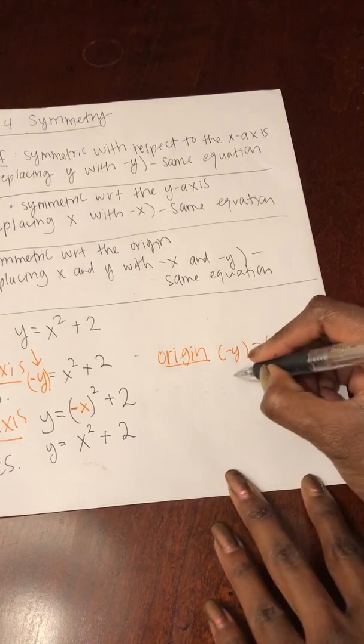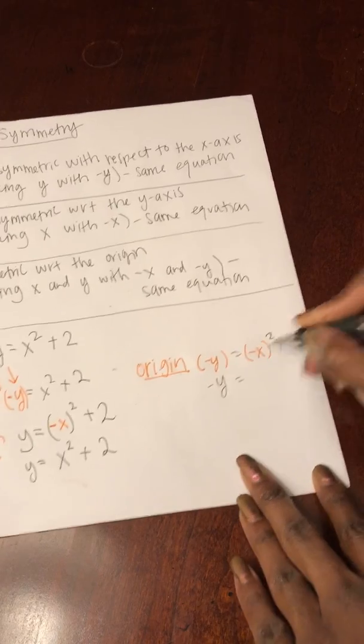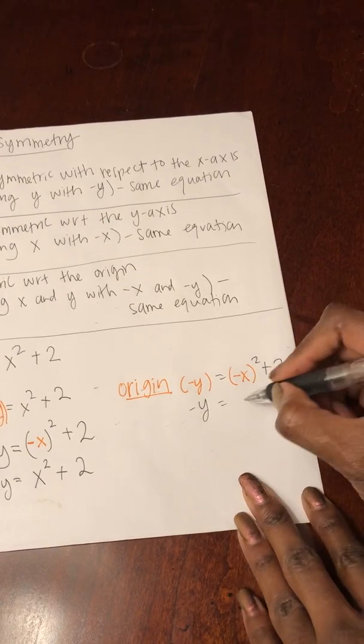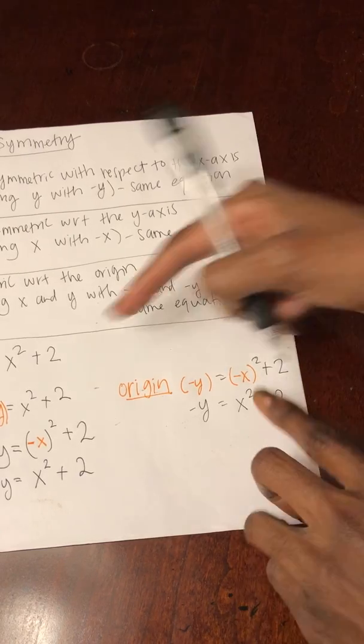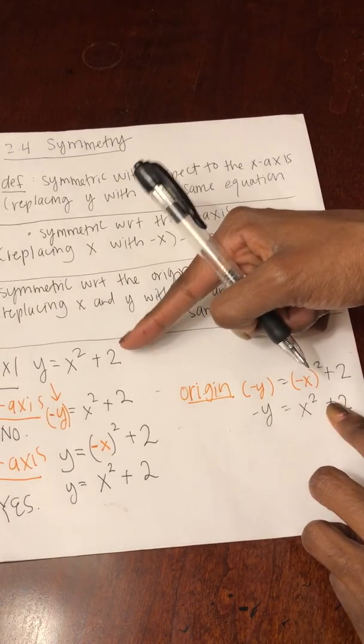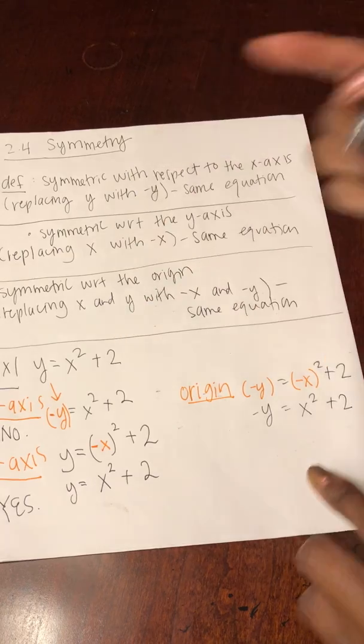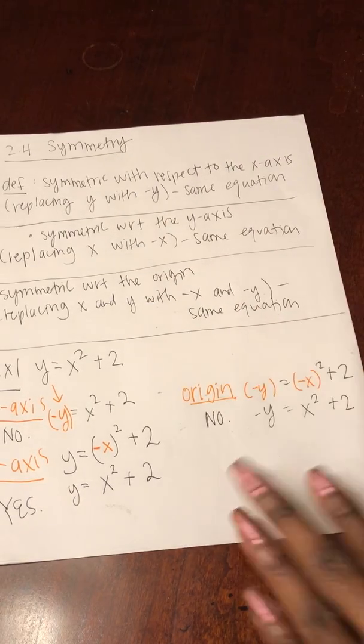So this negative y is still going to stay a negative y. This negative x squared is now going to become a positive x squared, right? And then plus 2, okay? So the question is, is it the same as the original equation? And it's not. So this would be a no.